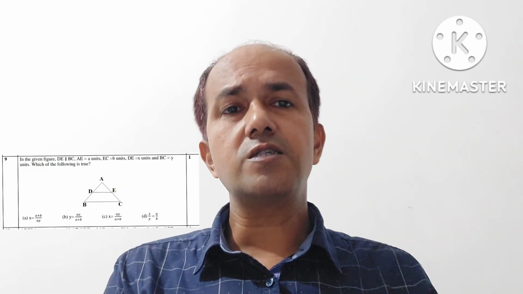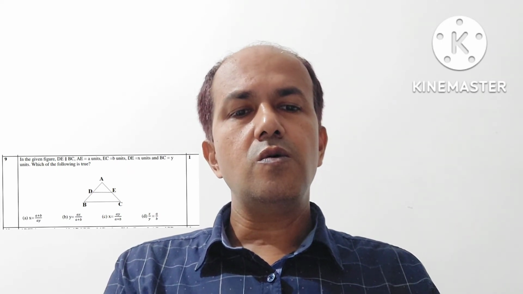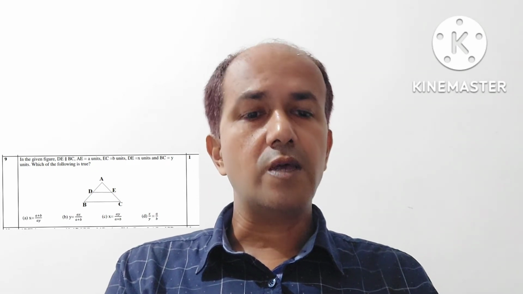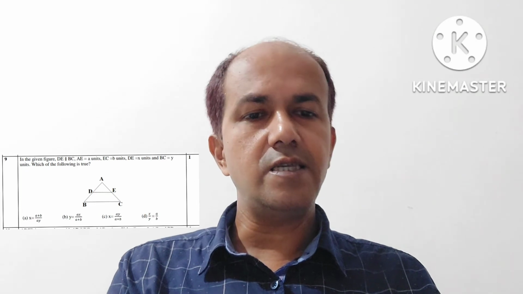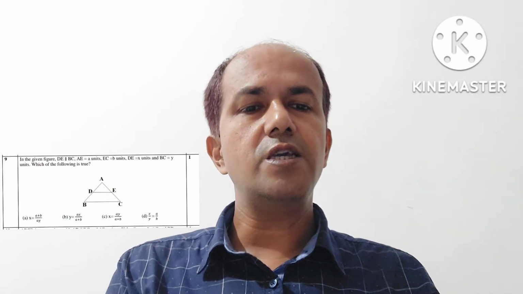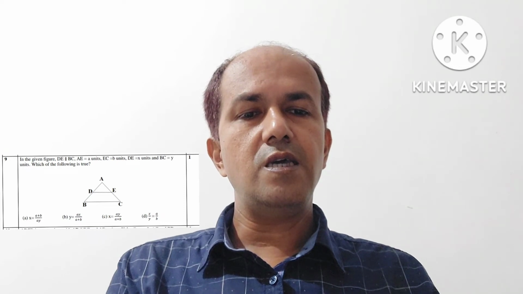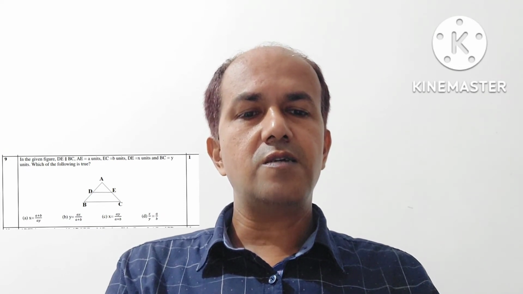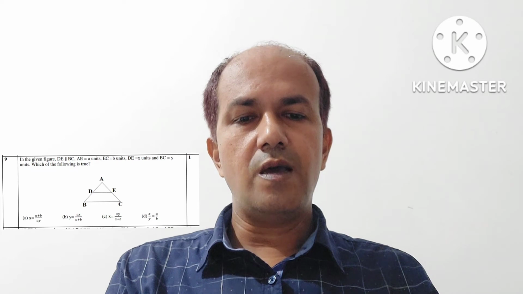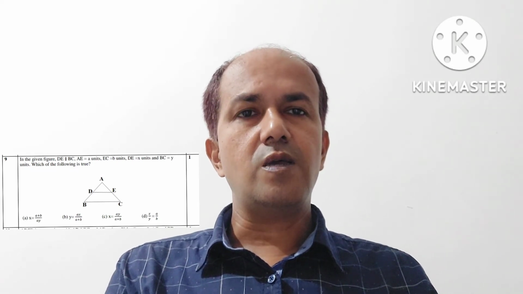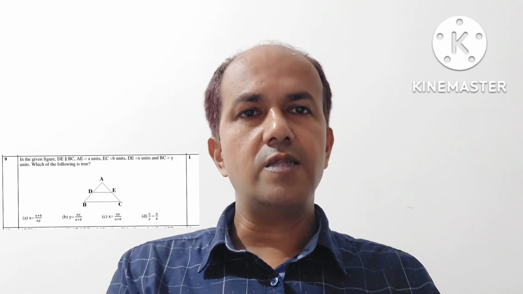Since these two triangles are similar, the ratio of their corresponding sides are equal. So AE by AC is equal to DE by BC. Now substitute here A, B, X and Y. You will have a relation between A, B, X, Y, and that will be your answer. Okay.